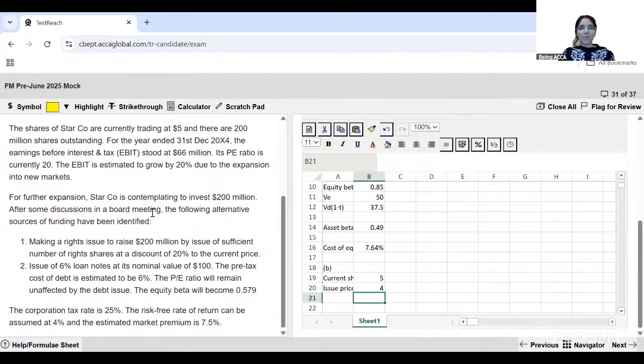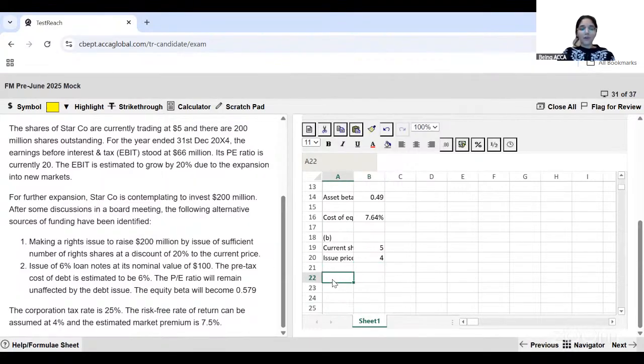Now, how many shares will we have to issue? We want to raise $200 million. So if I want to raise $200 million, how many shares will I have to issue? Number of shares will be the money that I need divided by the price of one share. So I need to issue 50 million more shares. So we will explain our calculation. Till here we will say that current share price is 5. Issue price is 20% less than current price.